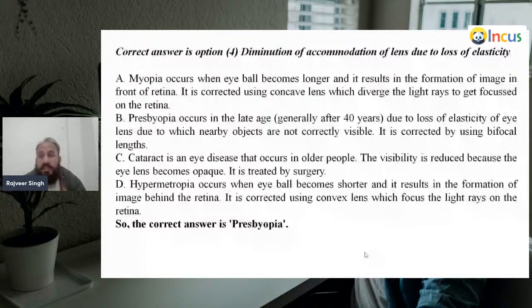The visibility is reduced because the eye lens becomes opaque. It is treated by surgery. And hypermetropia occurs when the eyeball becomes shorter and the image forms behind the retina, and it is corrected using a convex lens, which focuses the light rays on the retina. So our answer is the fourth.